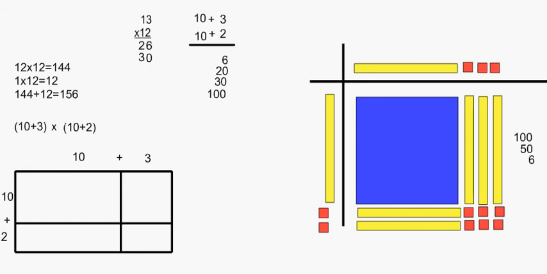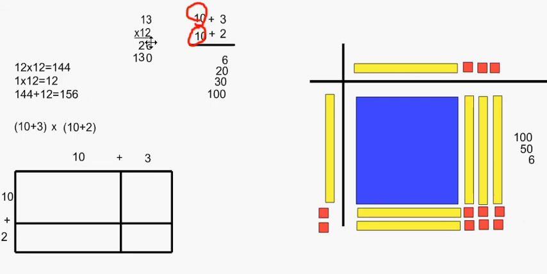Then when we go 1 times 1, it's not 1 times 1, it's actually 10 times 10. Here's our 10 times 10. And so when we go to put our 1 here, we're not really putting a 1. What we're really doing is putting a 100. But we don't write the 100 often. We just write a 1.